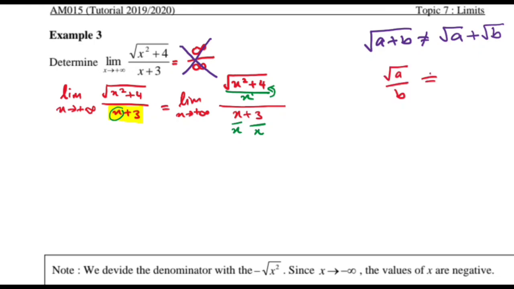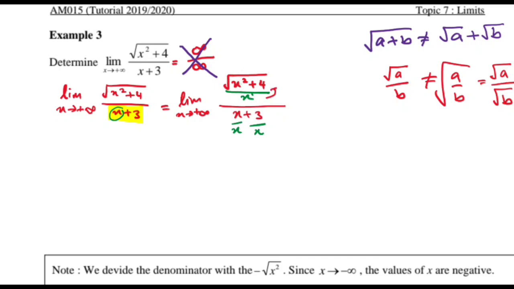Do take note that square root of a over b is not equal to square root of a over b with the square root only on top. But square root of a over b is equal to square root of a over square root of b. So that means if you want to simplify this x, you have to put this x into the same square root.